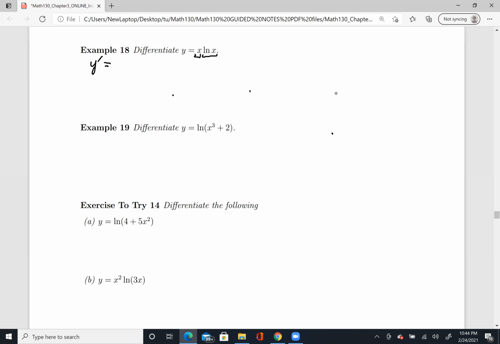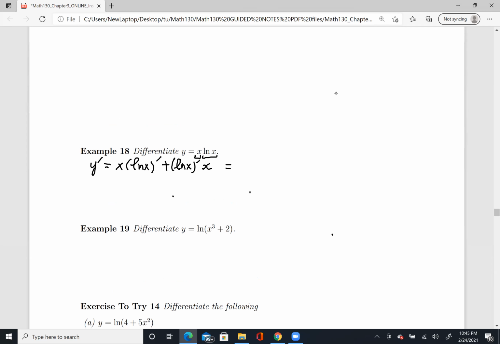So you actually do x times the derivative of ln x, plus ln of x times the derivative of x.